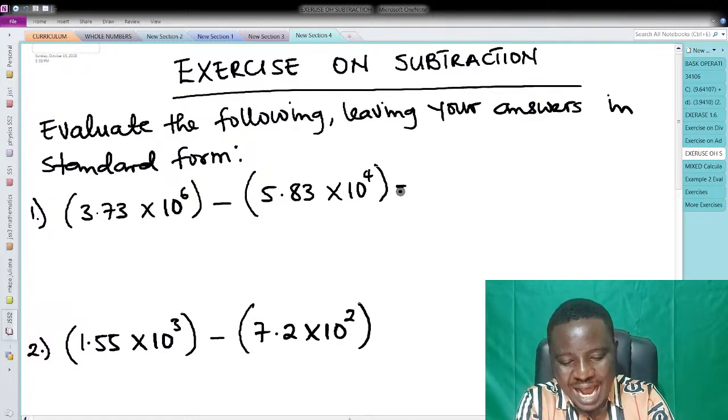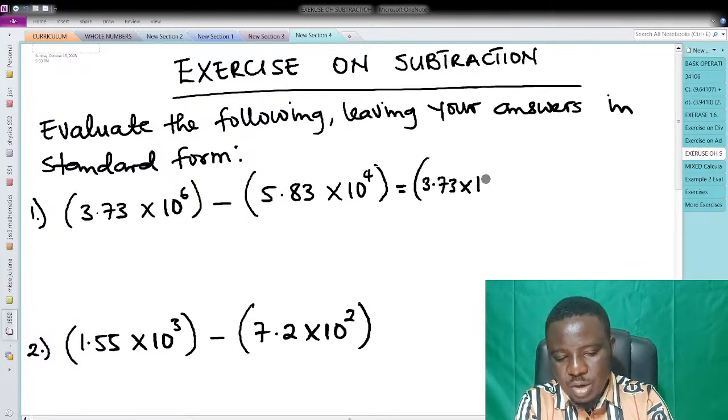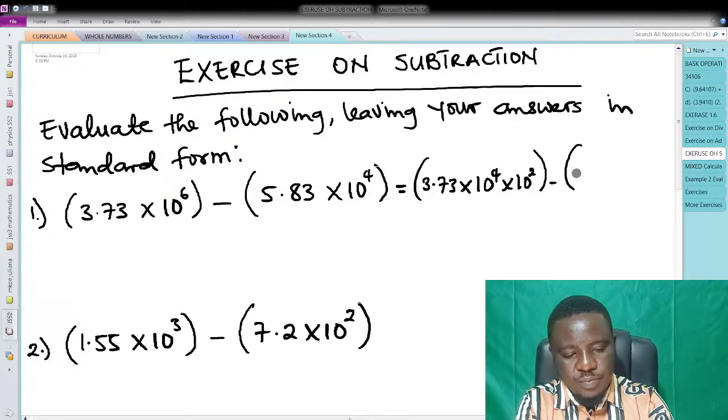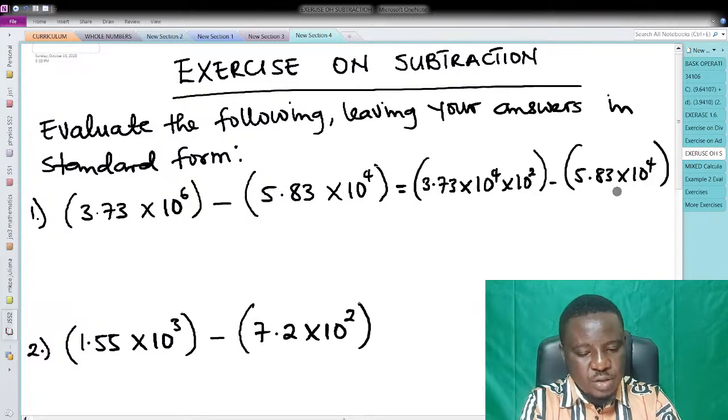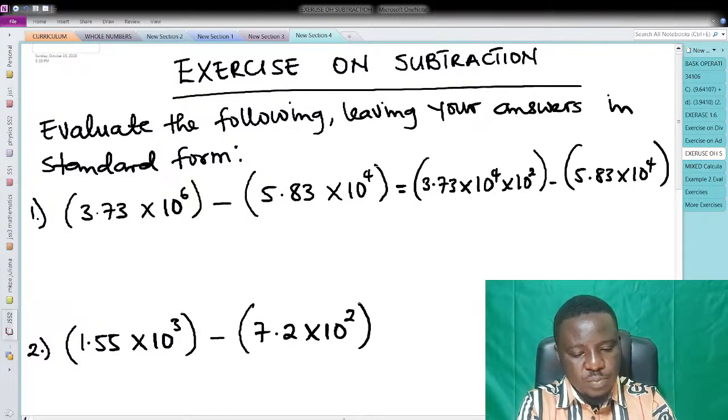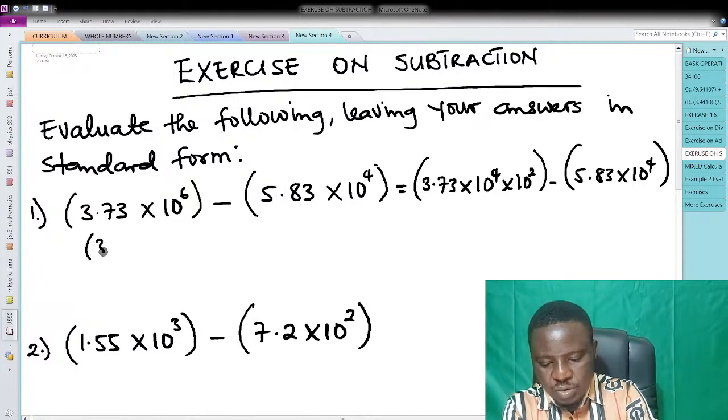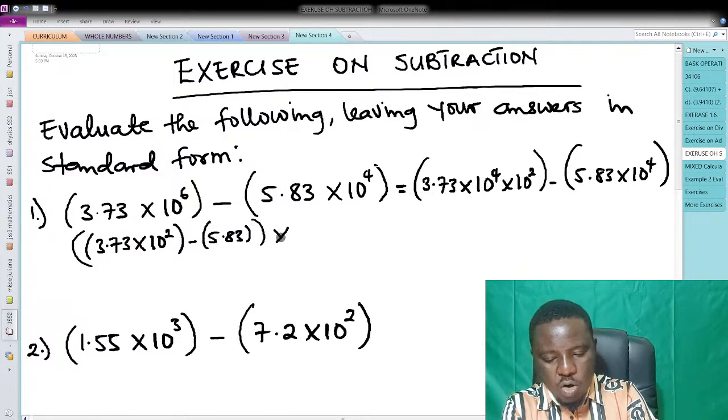So I'm going to write this as 3.73 times 10 raised to the power of 6 minus 5.83 times 10 raised to the power of 4. When you factorize out 10 raised to the power of 4 from these two terms, you are going to have 3.73 times 10 raised to the power of 2 minus 5.83, all times 10 raised to the power of 4.